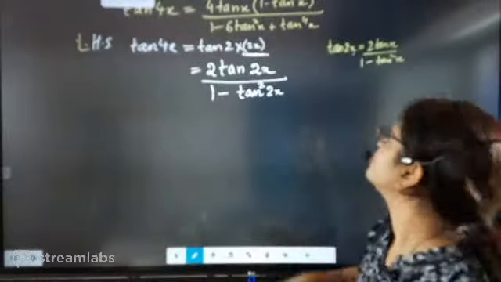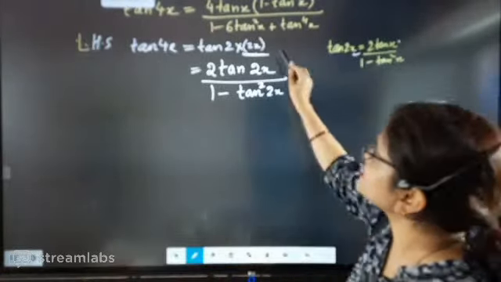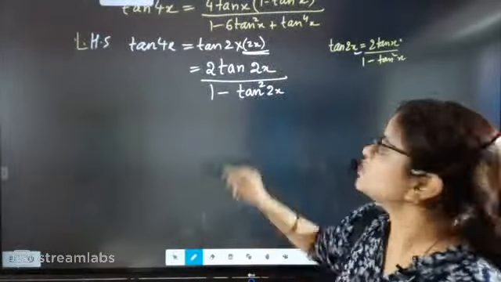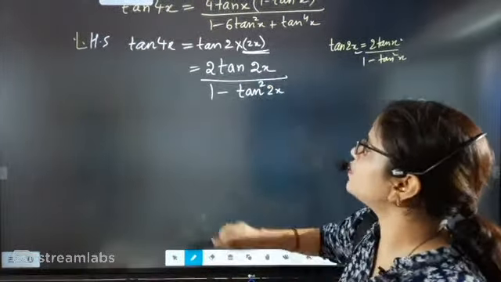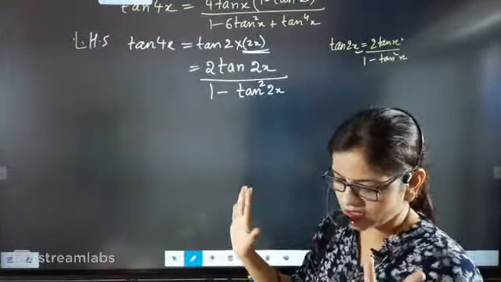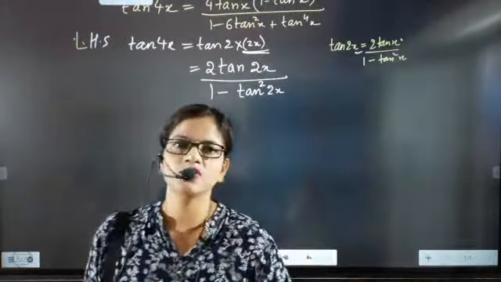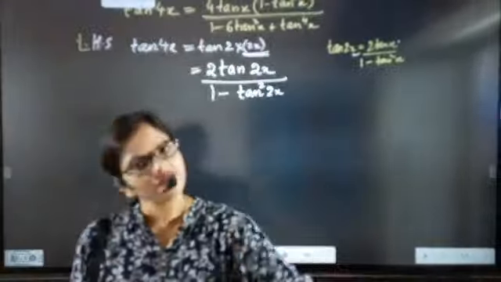Here x and tan square x were there; instead of x, 2x. So here it will become 2 tan 2x and 1 minus tan square 2x. That's it. And I told you also, if you have confusion, take 2x equal to y and substitute that also, so that again you will get this answer.